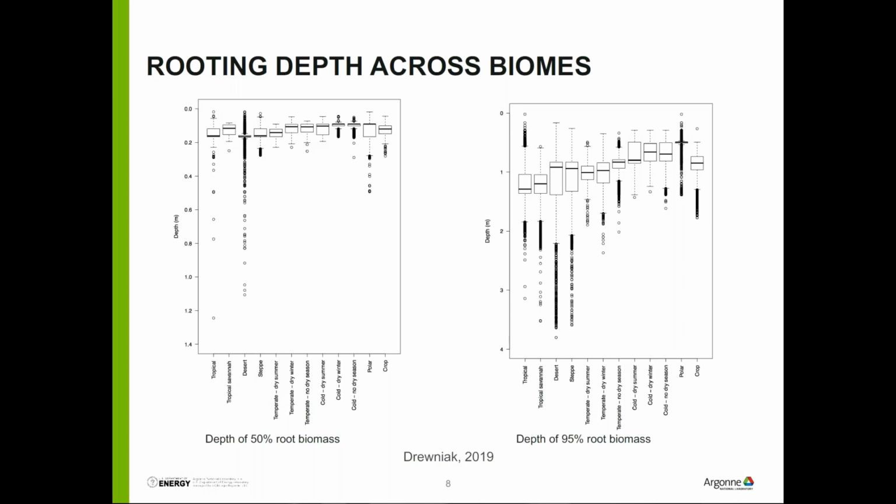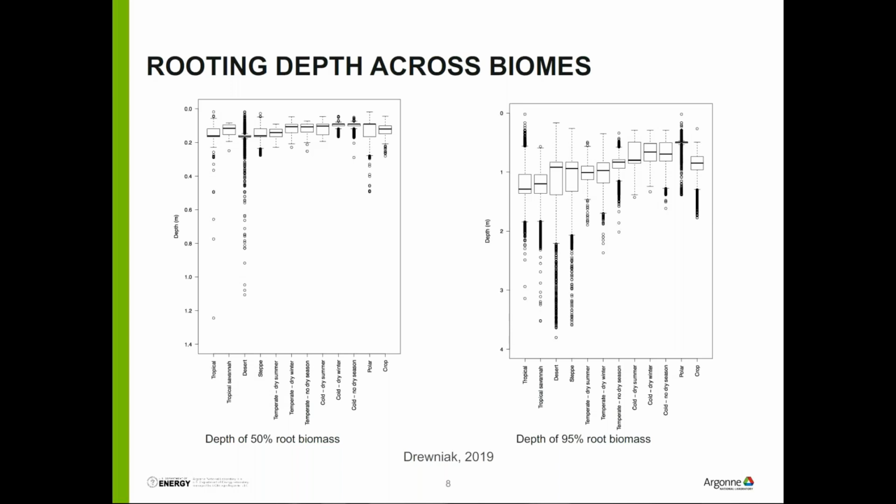So you can see on the figure on the left, where we have 50% of our root biomass, it's fairly shallow, which is what we expect. There's not a lot of variability in this depth across these different biomes. The average depth is about 13 centimeters, which is a little bit shallower than some of the observations suggest.